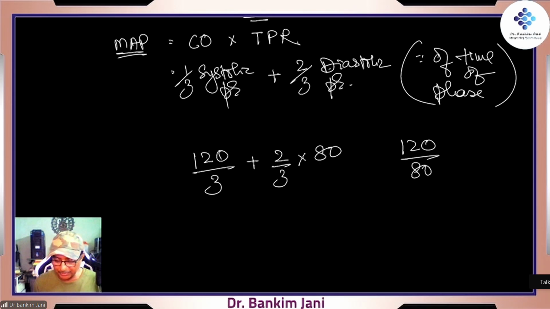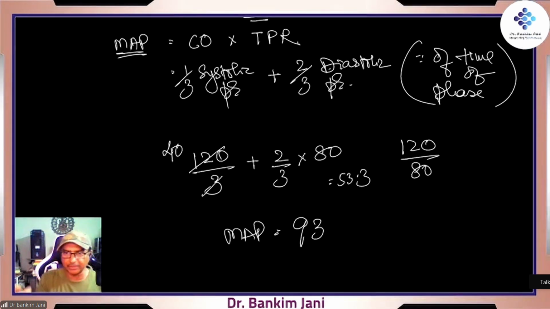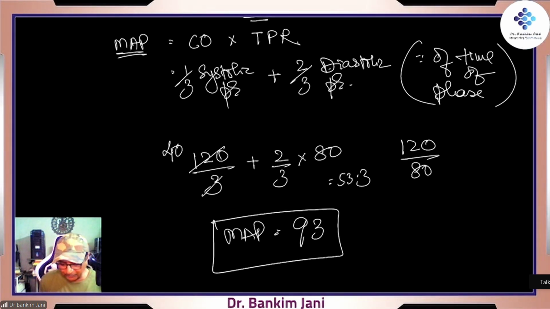When you calculate, 120/3 is 40, and 2/3 of 80 is 160/3, which is roughly 53.3. So your mean arterial pressure would be roughly 93.3. This would be the mean arterial pressure.